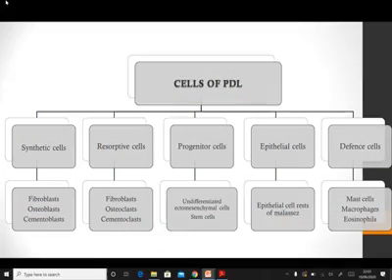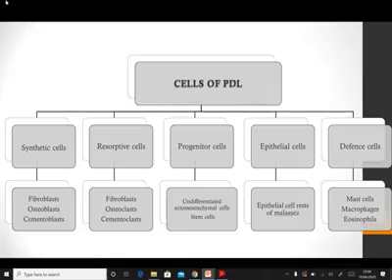The cellular community of the periodontal ligament is classified into different types of cells according to their function and origin. So we have the synthetic cell community, the resorptive cellular community, progenitor cells, epithelial cells, and defense cells.